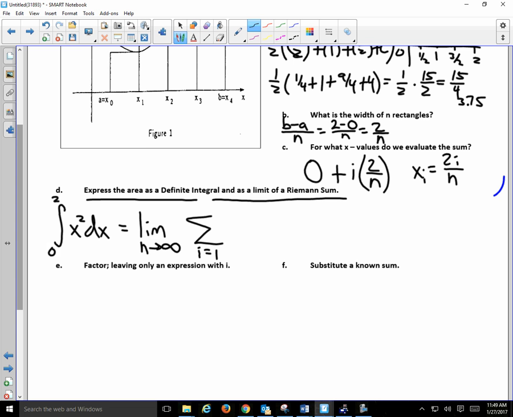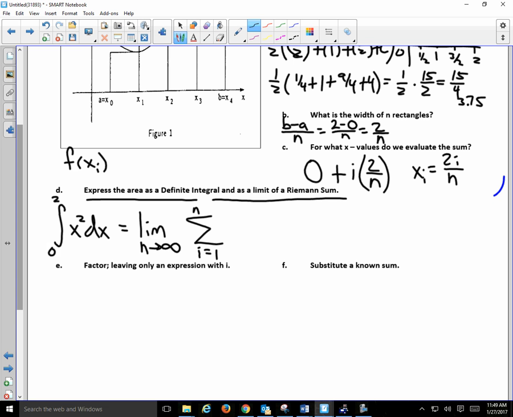So we start with the first rectangle, and we're going to go to n rectangles of f of x sub I. What is x sub I? 2i over n.